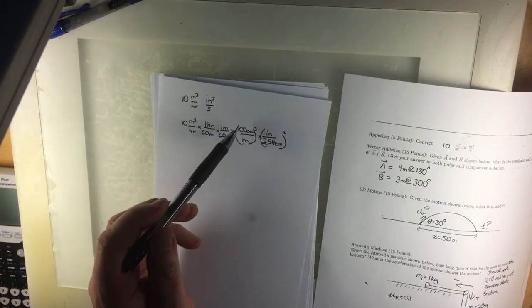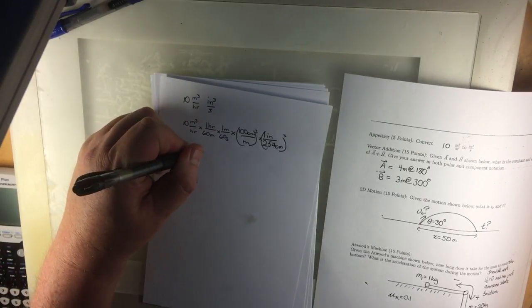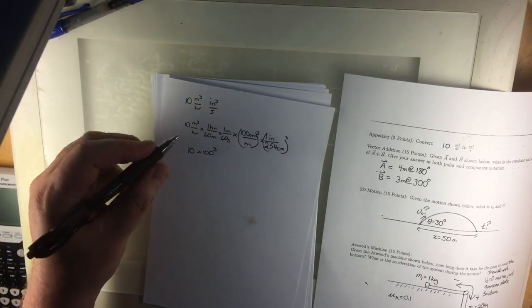The number one mistake is that people do not cube the numbers that are sitting inside the parentheses.